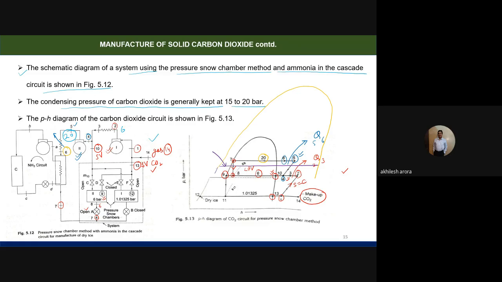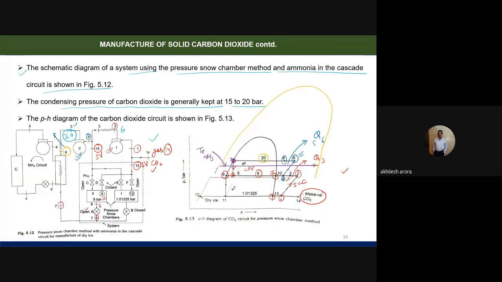You can call this temperature TE for the ammonia circuit. And you can see that this temperature is lower than the condenser temperature, or the temperature at point number 7. So at point number 7, whatever is the temperature existing, the temperature in the ammonia evaporator is lower than that.